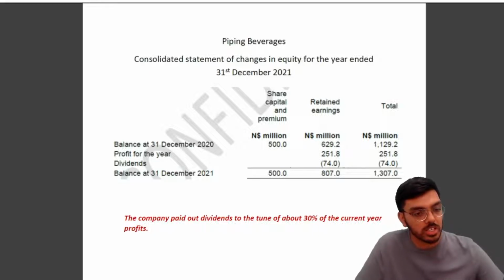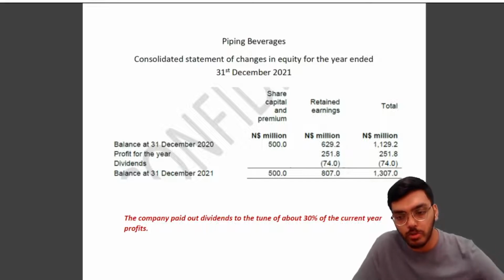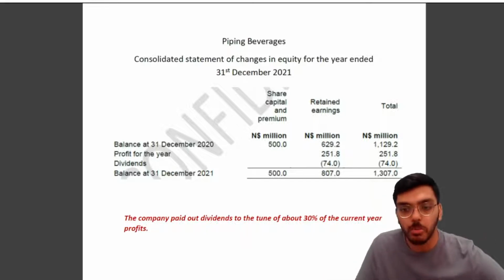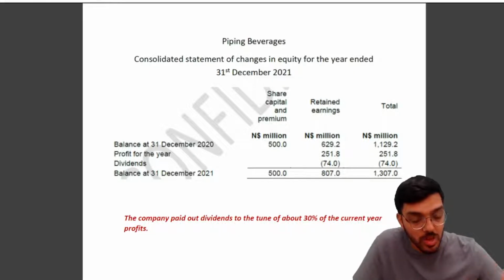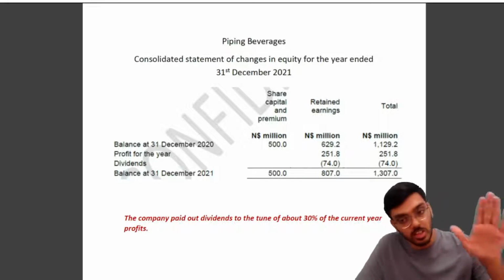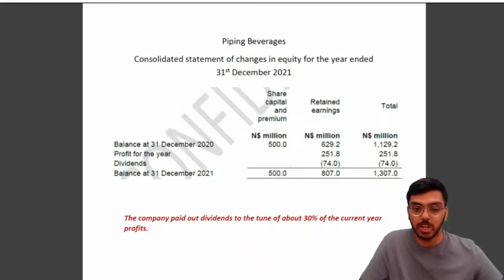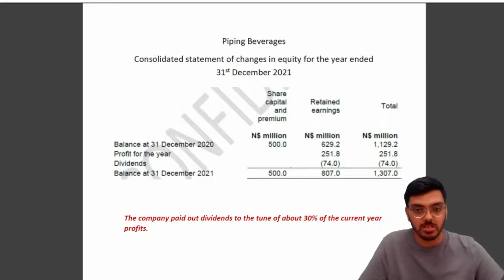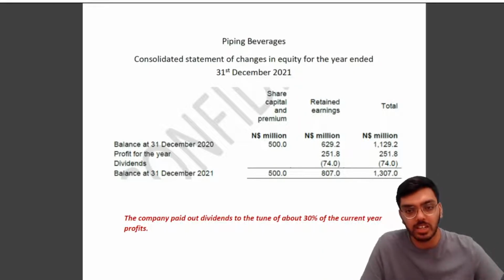If you have to invest in a new packaging line, or a new production line, or if you want to expand abroad, you will have some money with you because 70% has been retained in your business. So I see a good business practice here, and I see a good 30% of dividends being paid to keep the shareholders happy, to entice more people to invest in the business, and to showcase Piping as the strong brand that it is.